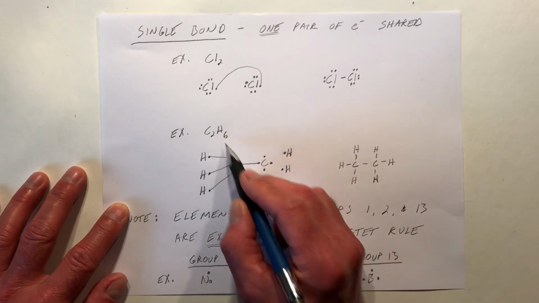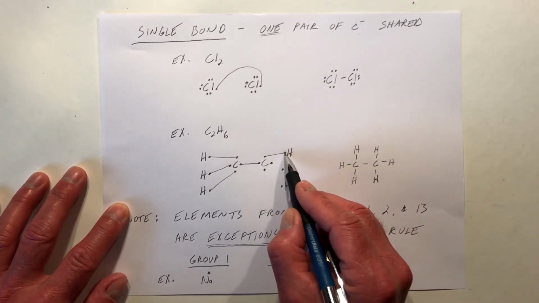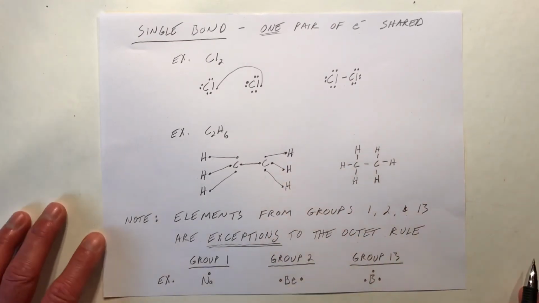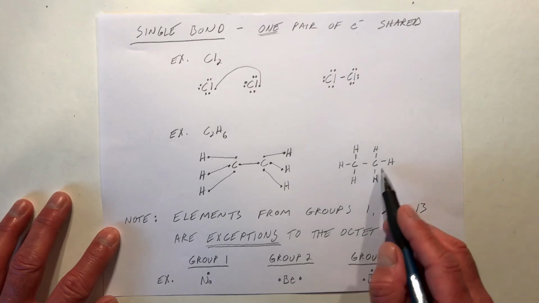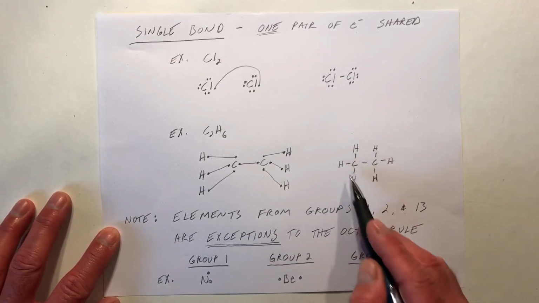Because if they're part of the molecule and we have 6 hydrogens and 2 carbons, they do need to be connected somehow. So let's connect those single electrons to make bonds. And then let's clean that up a little bit and just draw those as dashes. And we can see we get this 2-dimensional structural formula.